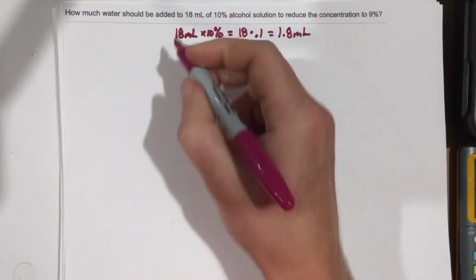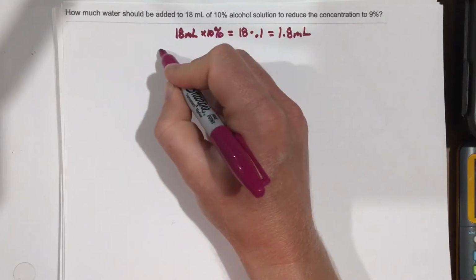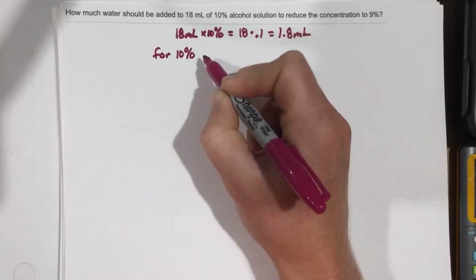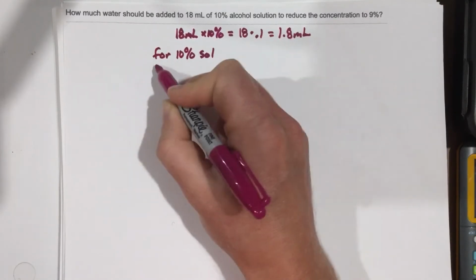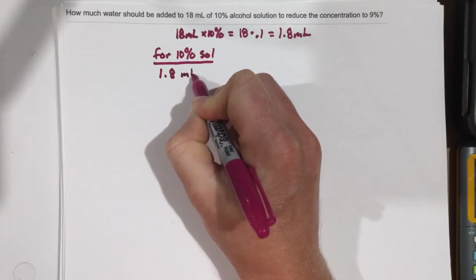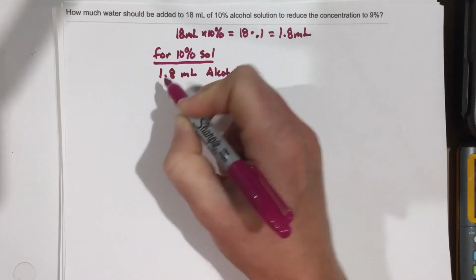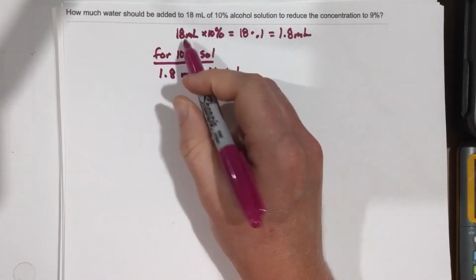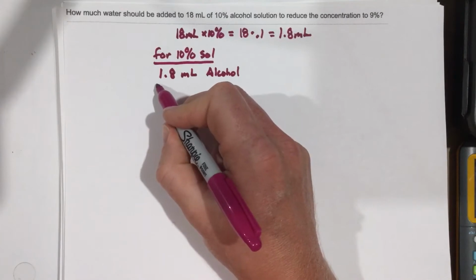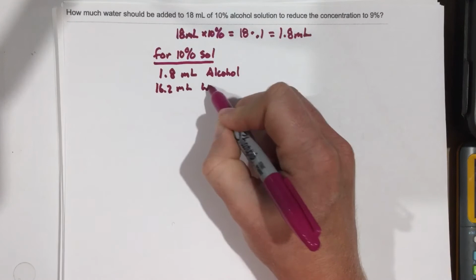So for this 10% solution, 1.8 milliliters is alcohol, and the rest, which would be 18 minus 1.8, so that's 16.2 milliliters, that's water.